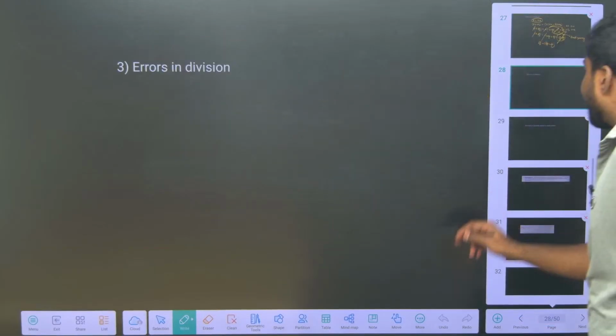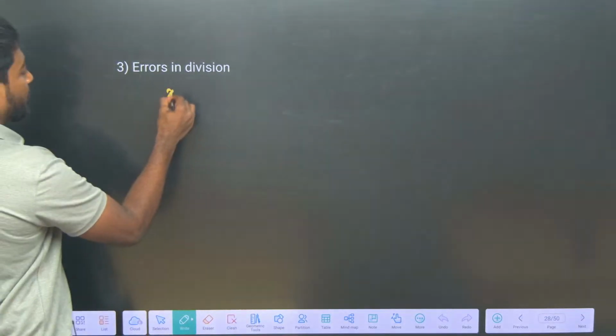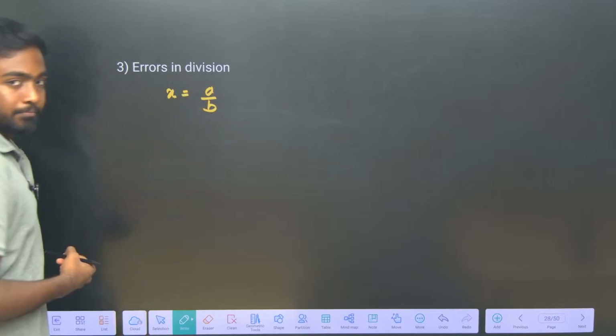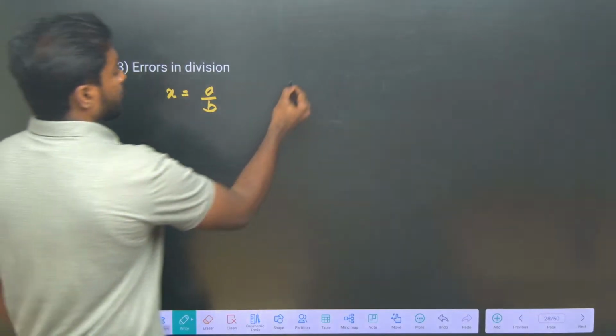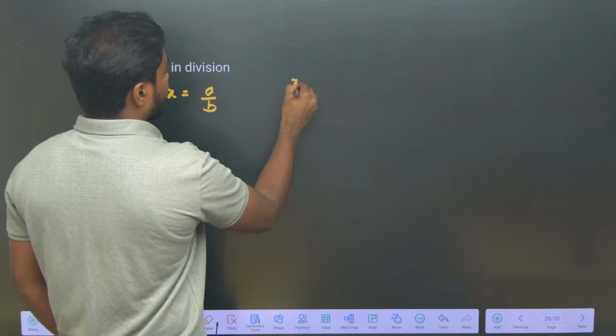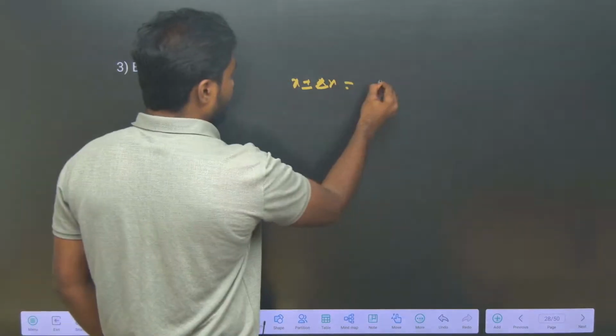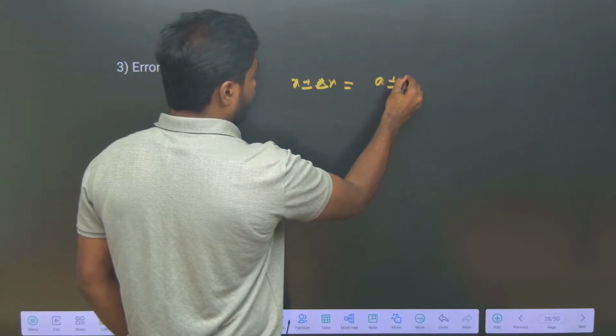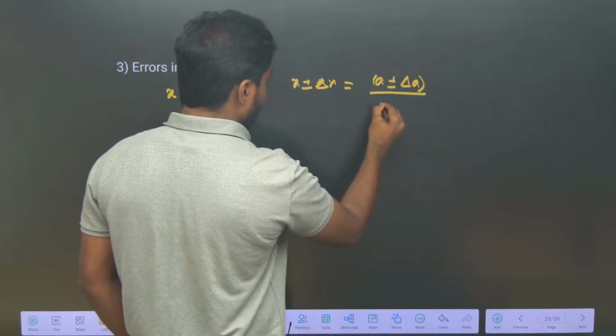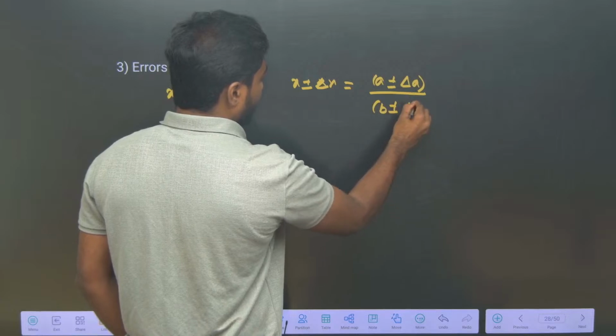So error in division now. Errors in division. Now x will be equal to a by b. So x plus or minus delta x will be equal to a plus or minus delta a by b plus or minus delta b.